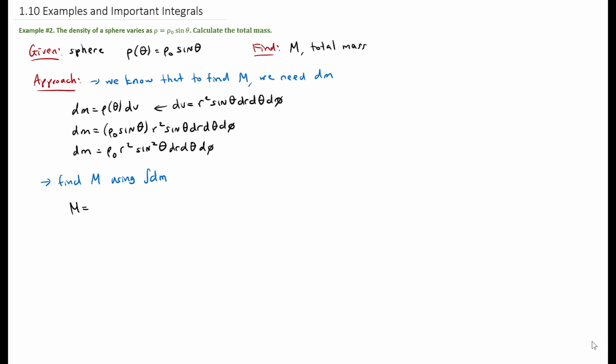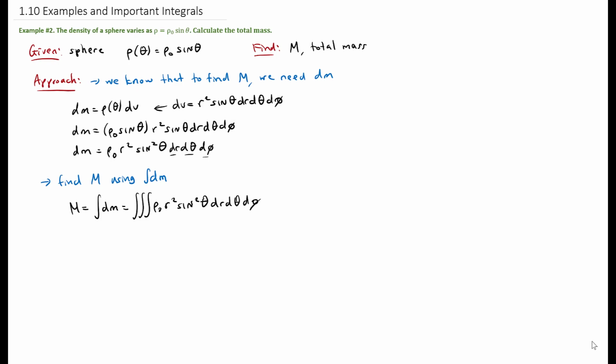So M is equal to the integral of dm, which we've redefined as 3 different differential elements. So that means we have a triple integral of rho naught r squared sine squared theta dr d theta d phi.